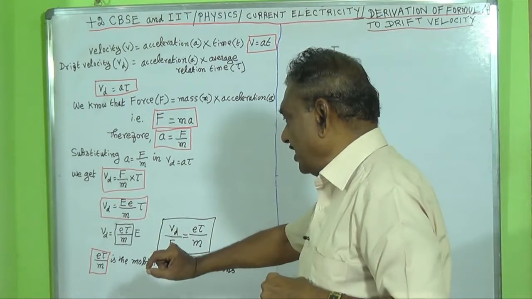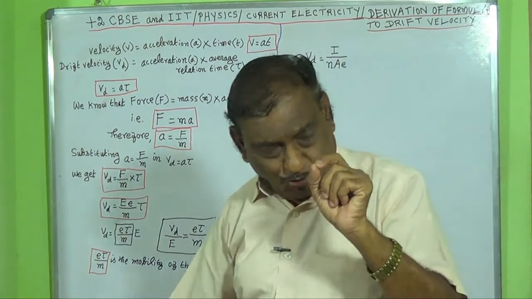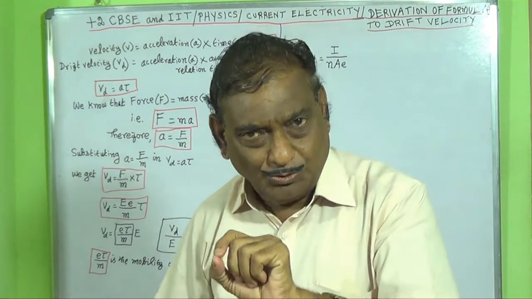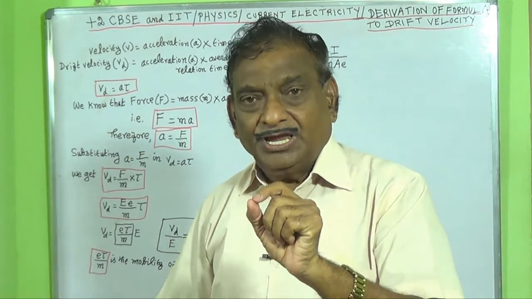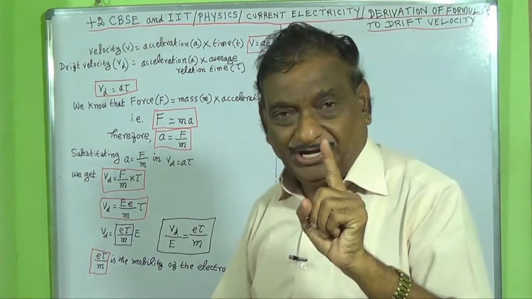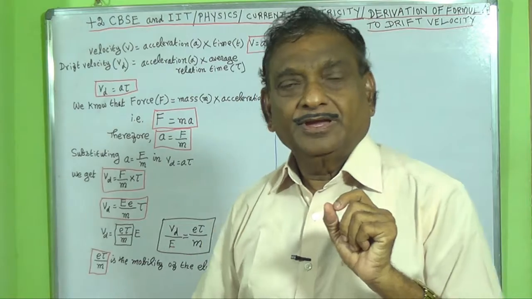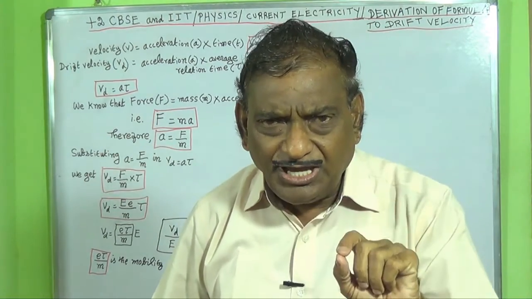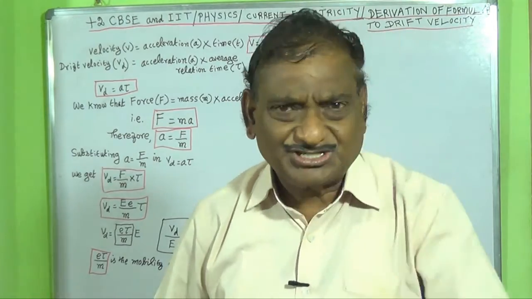In this equation, drift velocity equal to E e tau by m, this e tau by m is the mobility. What is mobility? Mobility is also drift velocity.